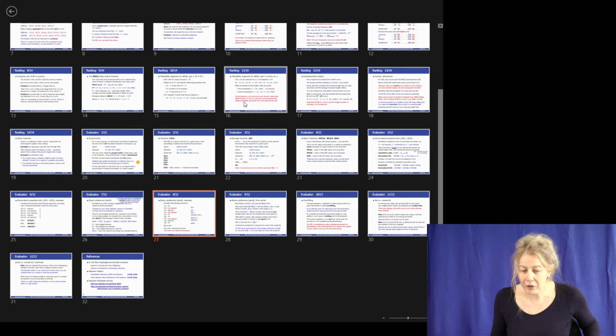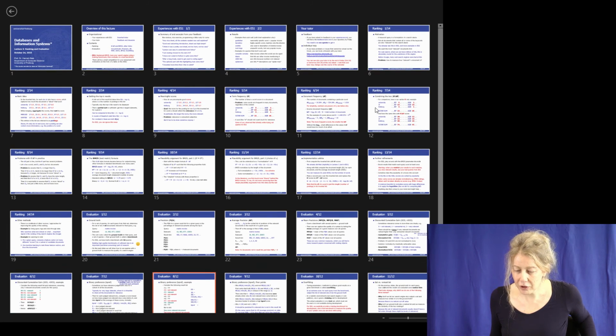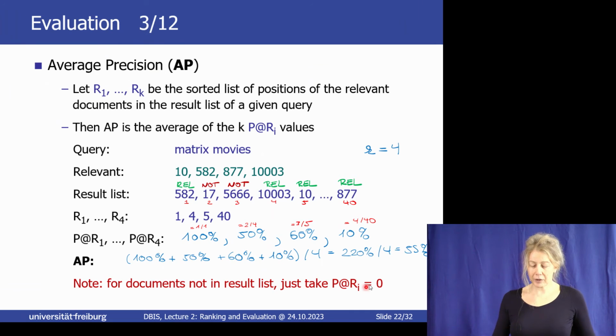And if you think about it, this is exactly, and let me find this, it's not so easy to find, but I will manage, the AP slide. Yeah, it's exactly what we did here, right?